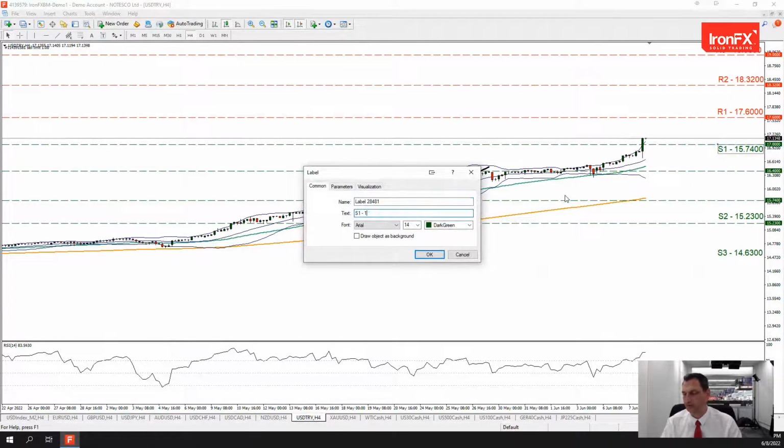First support line, 16.40. Second support line. 15.74 being the third support line.